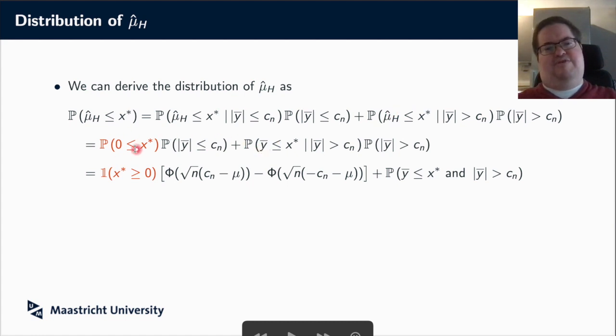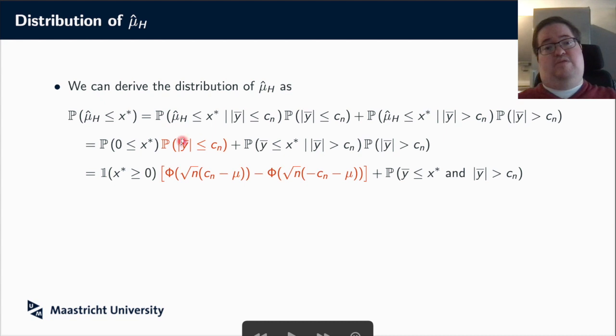Now this probability that 0 is smaller or equal than x star, well, both sides are deterministic, so it's either true or it's not true. So it's just going to be 1 if indeed 0 is smaller or equal than x star, and 0 otherwise. So we can use an indicator function to indicate that.